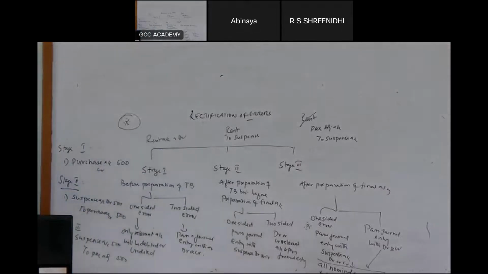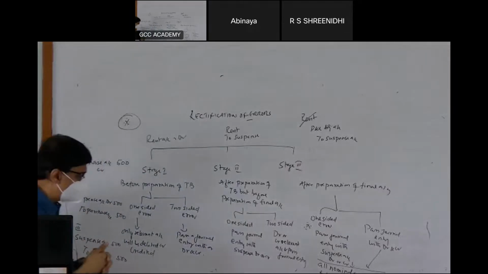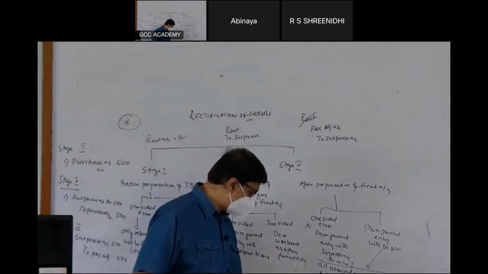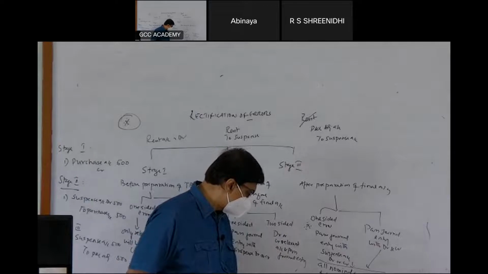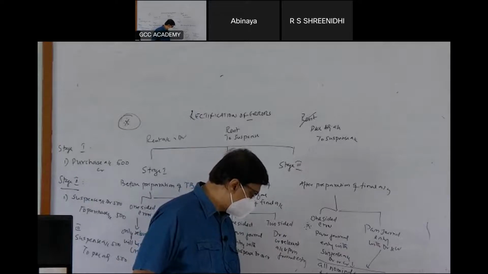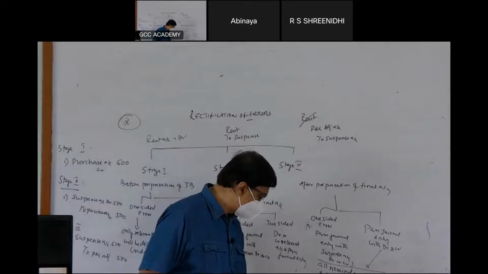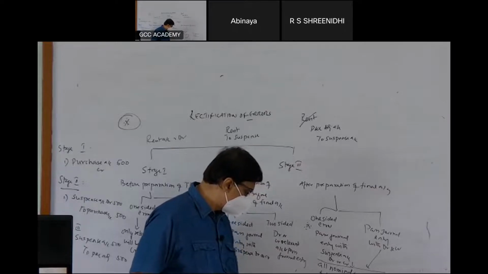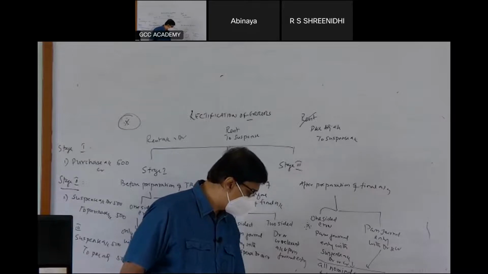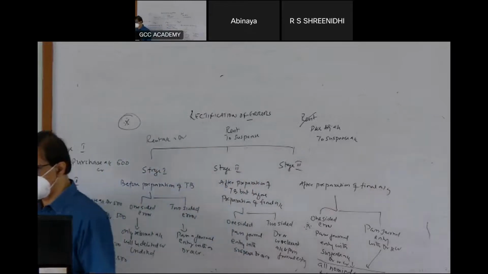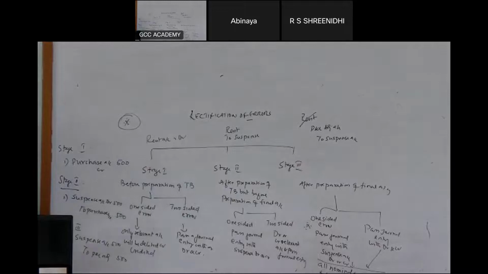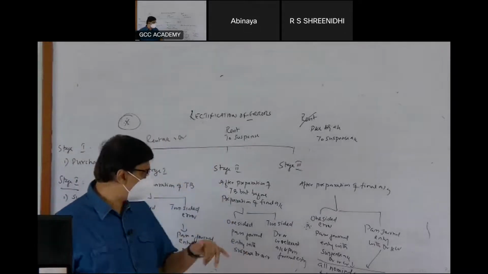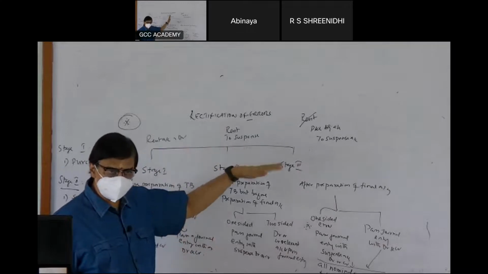P&L adjustment to what account? Credit. Suspense account credit. Perfect. P&L adjustment to suspense account. Okay. Very clear? So how to rectify a one-sided error in 3 stages? And we are talking about first stage entry, second stage entry, and third stage entry.